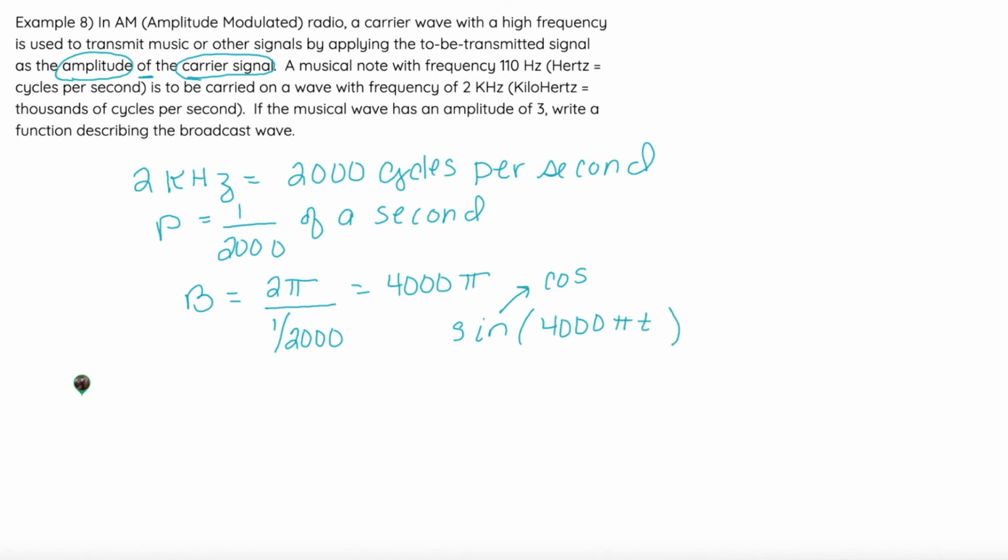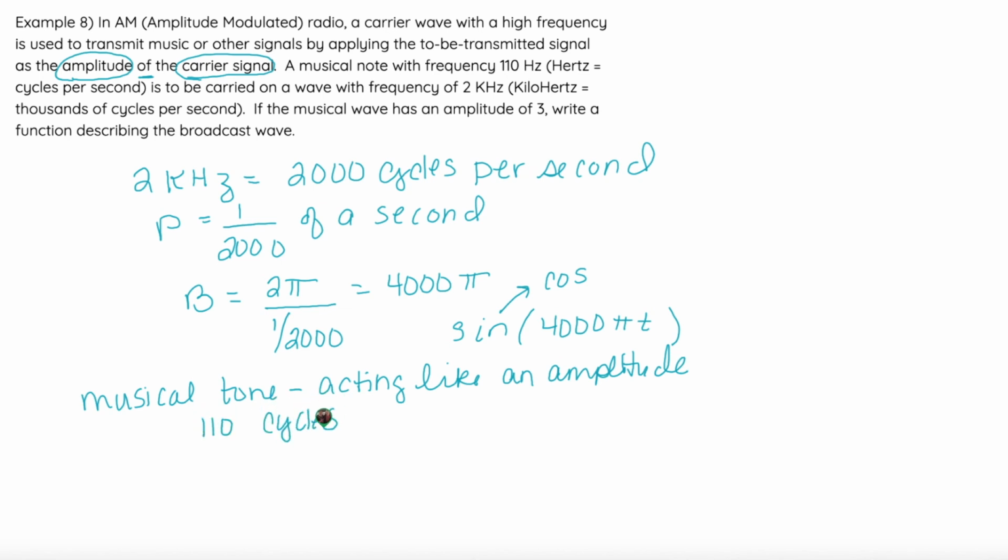The musical tone is acting like an amplitude, at 110 cycles per second. So in this instance, P is equal to 1/110 of a second.